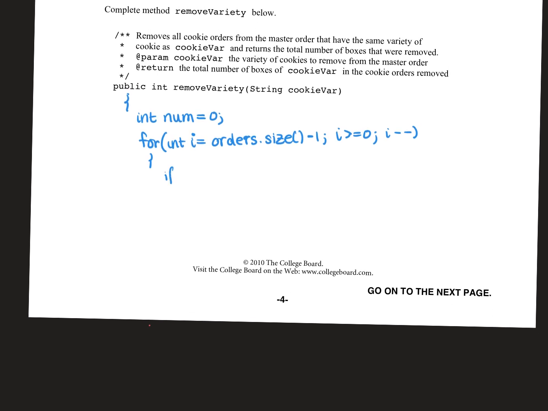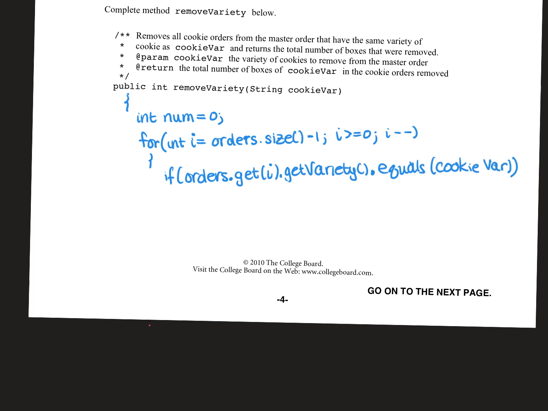So if orders.get(i).getVariety().equals, and we're going to ask if that variety equals what was passed in, cookieVariety.